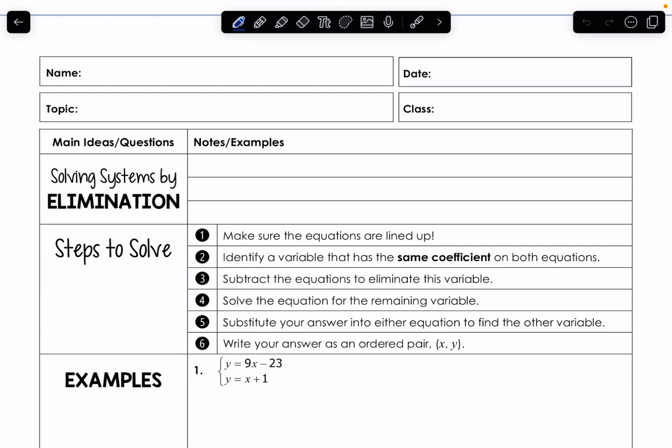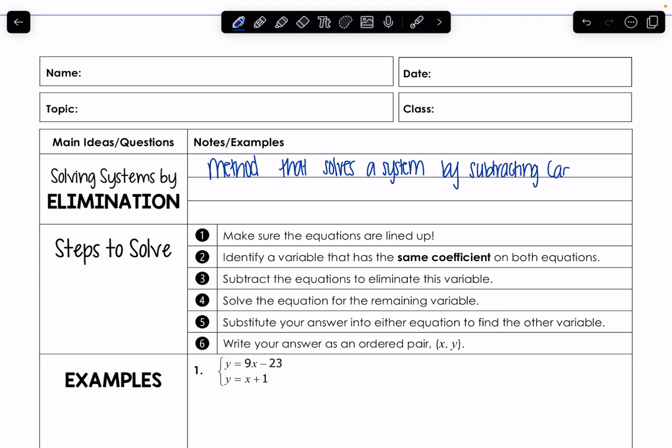All right, we're going to go ahead and look at elimination today, which is our third method for solving a system. So let's first fill in what elimination is right here up at the top. We can say that this is a method, again the third method that we're using, that solves a system by subtracting or adding, but typically we see subtracting.